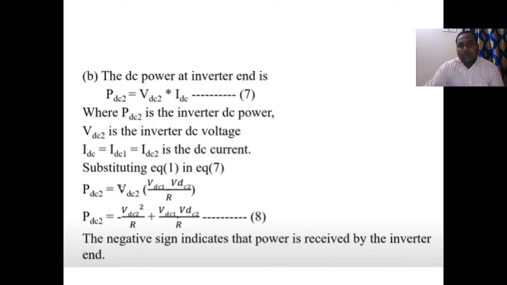PDC2 is equal to VDC2 into VDC1 minus VDC2 by R. So PDC2 is equal to minus VDC2 square by R plus VDC1 VDC2 by R. Here the negative sign indicates that power is received by the inverter end.